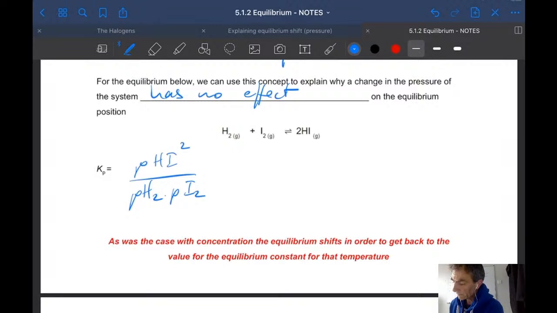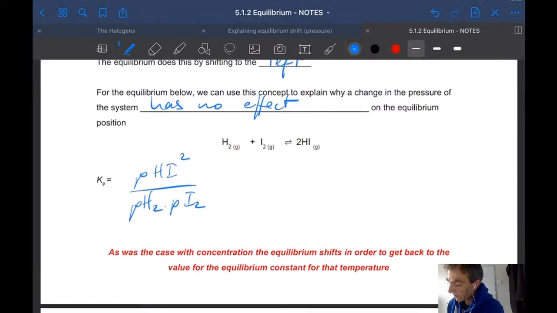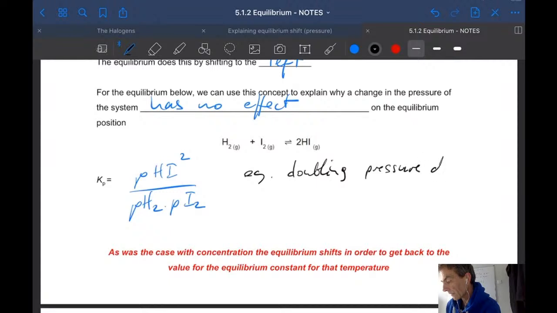Okay, so for example, doubling the pressure of the system will double all partial pressures.